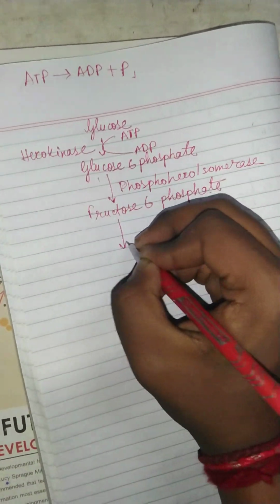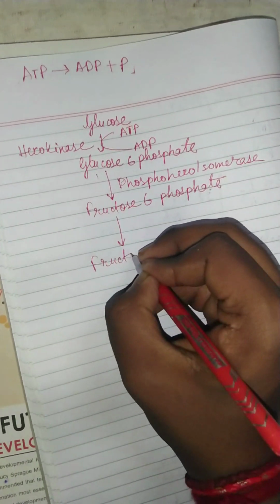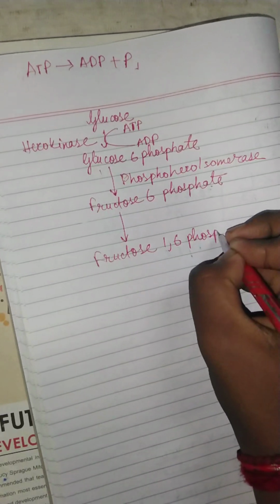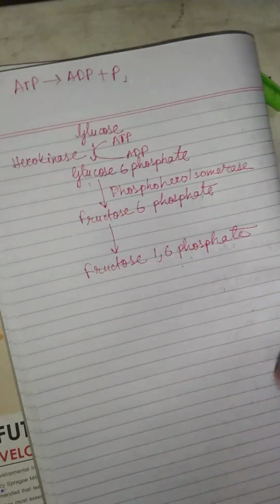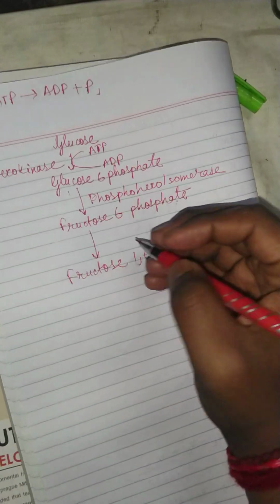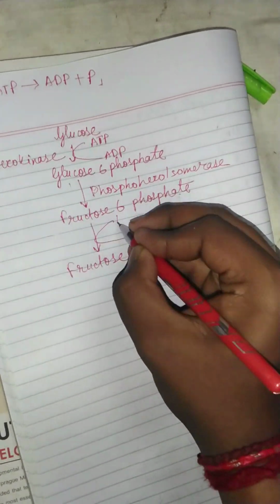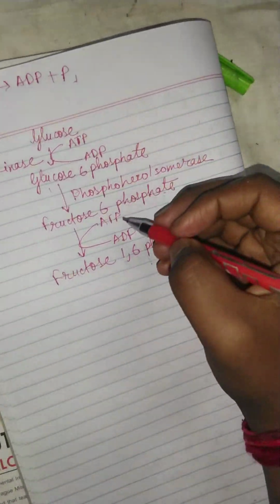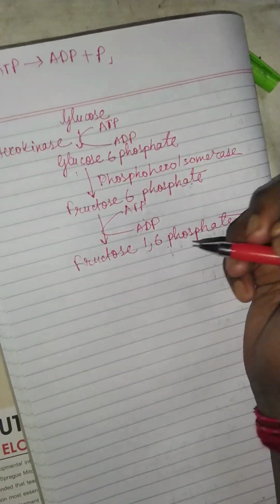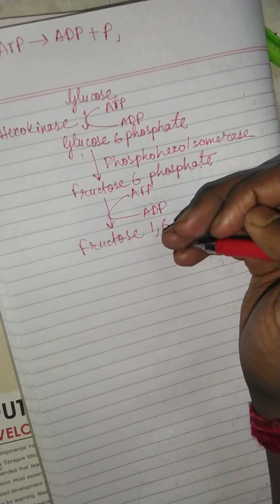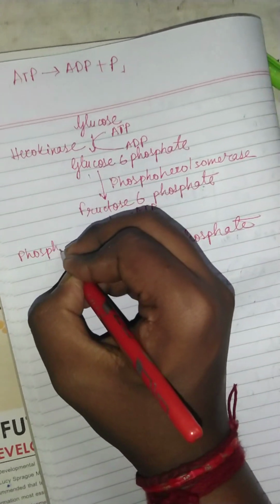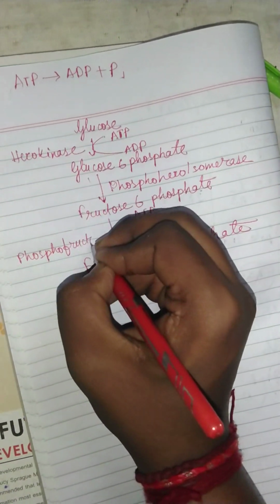Now this fructose 6 phosphate is converted into fructose 1,6 bisphosphate, and again ATP is converted to ADP because one more phosphate group is added. So the enzyme responsible is phosphofructokinase.